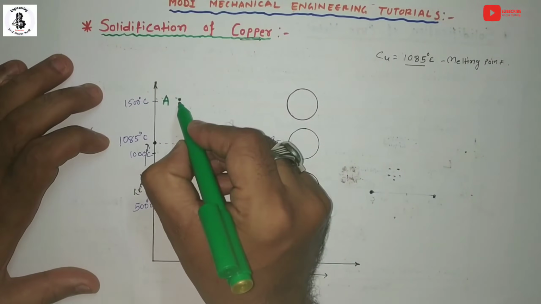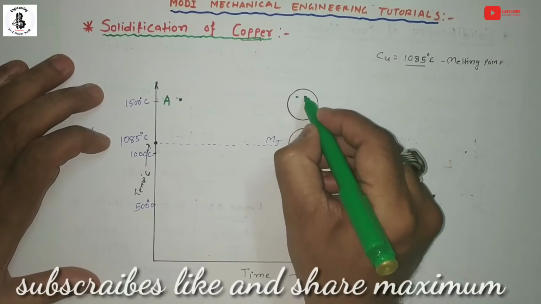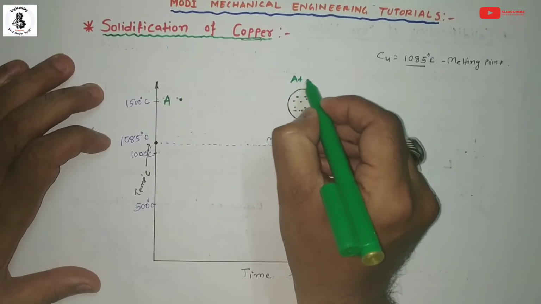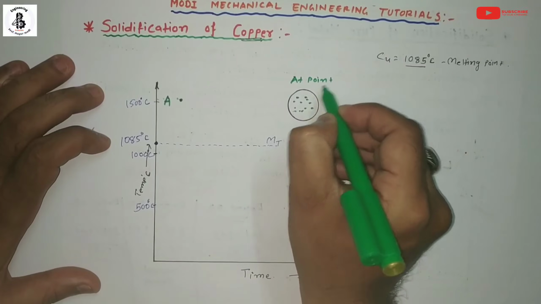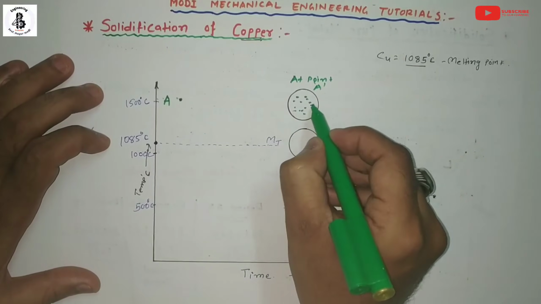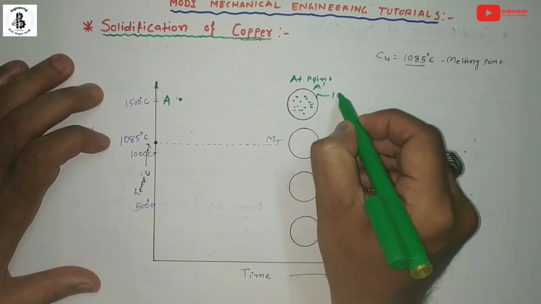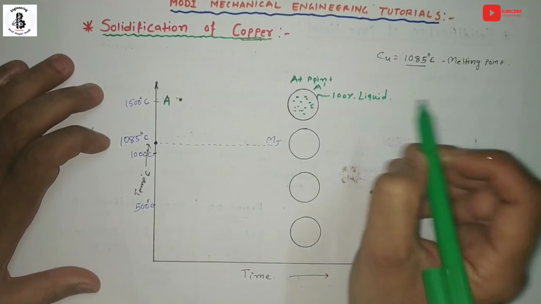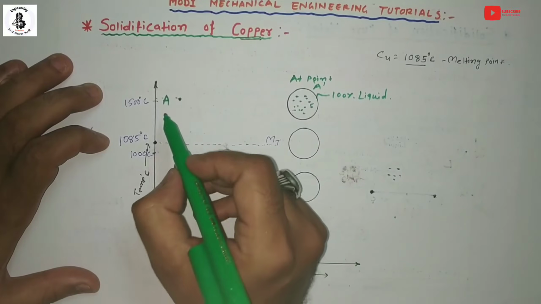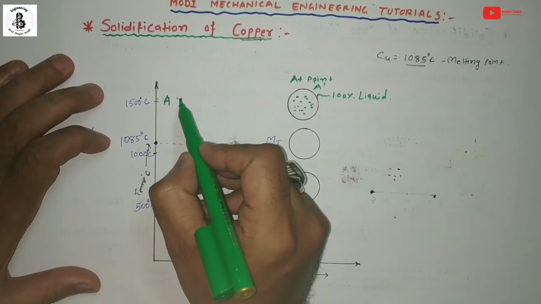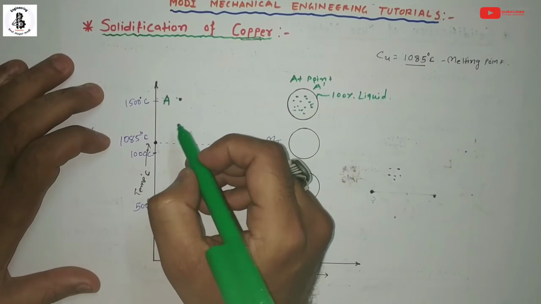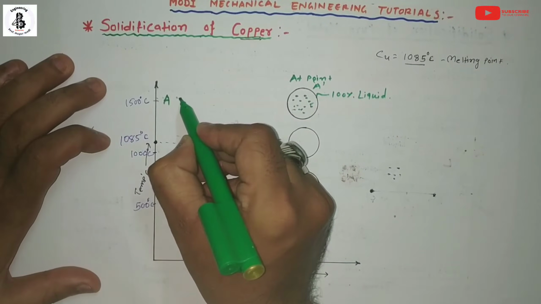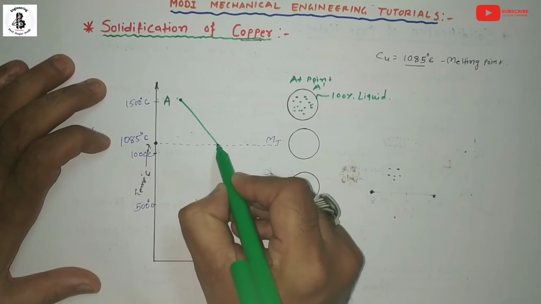So just you can see the microstructure at A. At point A, it is represented as a 100% liquid phase. Once it slowly cools down towards room temperature, the cooling process always takes some time.